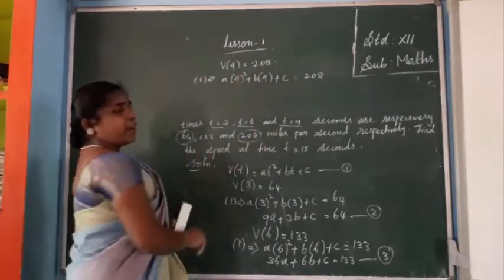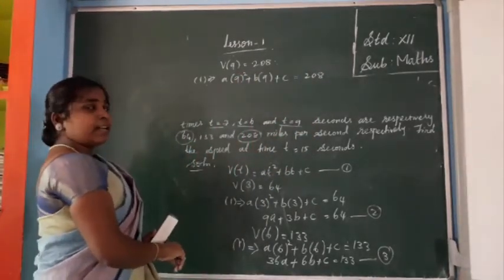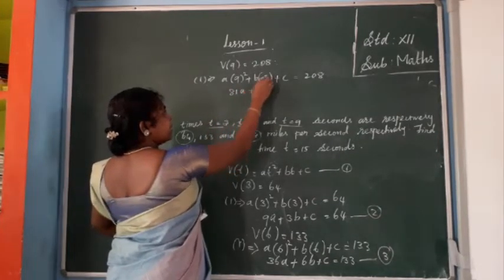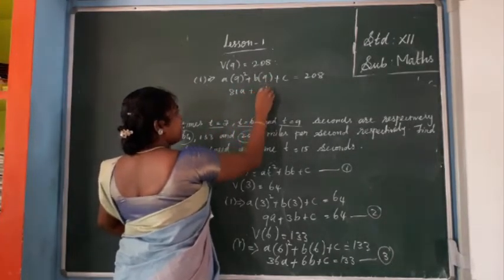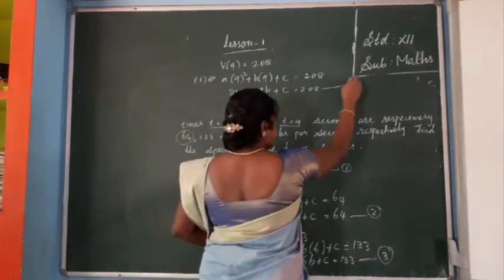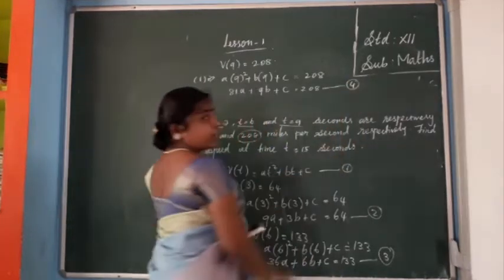So 9 square means 9 9s are 81. So 81a plus 9 into b is 9b plus c equals 208. This is equation 4.